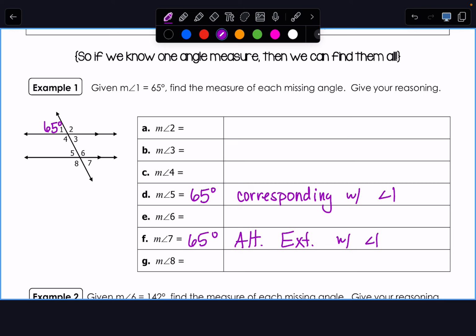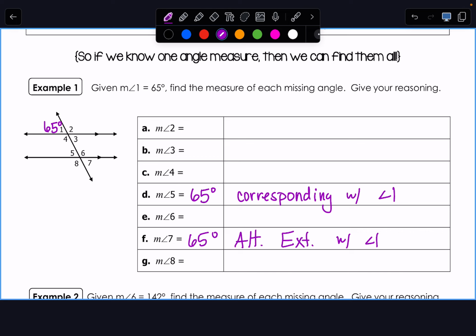ALT-EXT, alternate exterior. Is that okay? I'm saying, like, can we put like AEX, alternate exteriors, or do you want me to put alt X? If you're gonna abbreviate, I would prefer like the alternate X, like the alt X. That way it's easier for my brain to process what your brain is thinking.